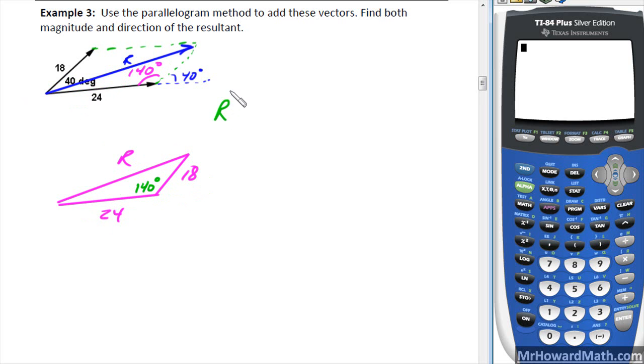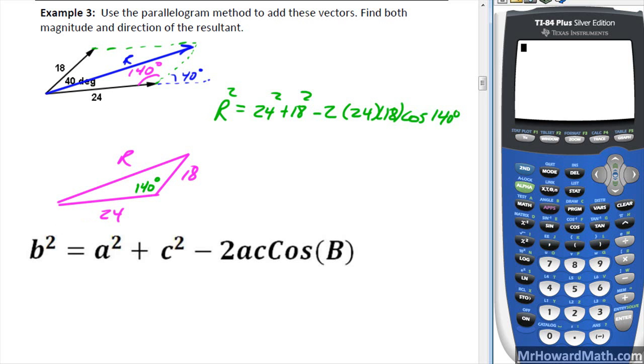So that's going to be r squared is equal to 24 squared plus 18 squared minus 2 times 24 times 18 times cosine of the angle 140 degrees. That's just applying the cosine law formula, so I'm going to paste that in so that you can see where that's coming from. Okay, so here is the formula here.